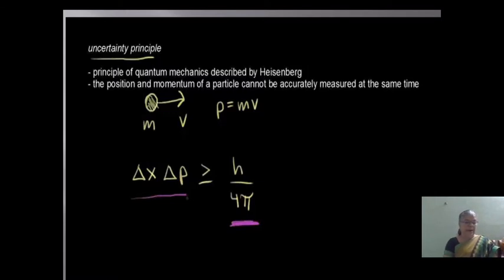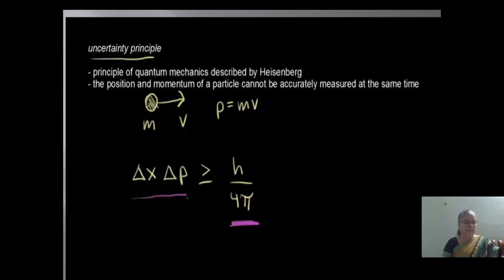Hence, the Heisenberg principle can also be stated as: the product of uncertainty in position delta x and uncertainty in momentum, that is delta p, along the x direction, is always greater than or equal to Planck's constant h.